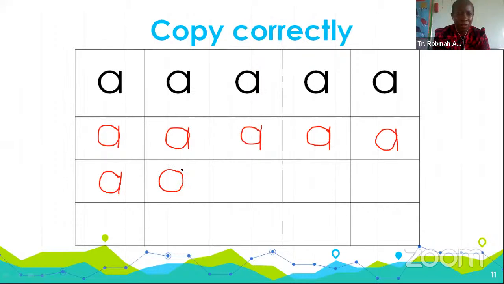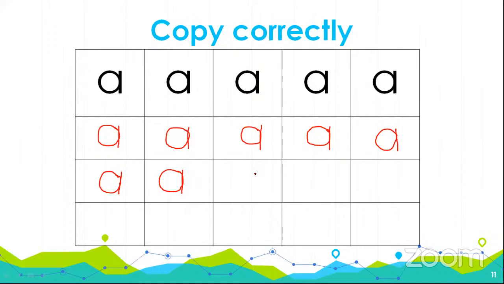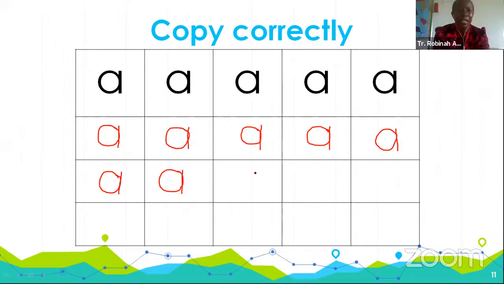Tell someone to help you bring back that page where the screen is so that you can see. Let someone help you bring back that page. So the rest of us, let us continue practicing writing sound ah.